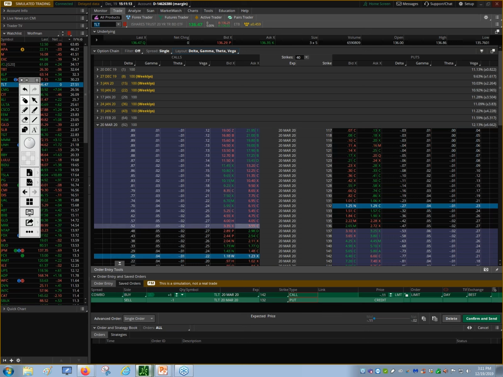Looking at a $10 wide, down to the 125s, 30 cents, at that point I probably would try to cover this. I've gotten a full dollar out of it, I don't know if I'd squeeze it out any more than that.